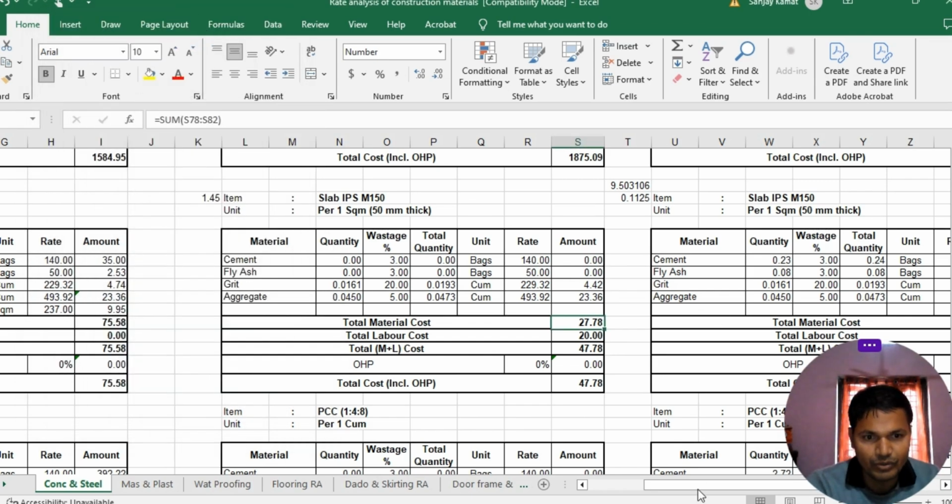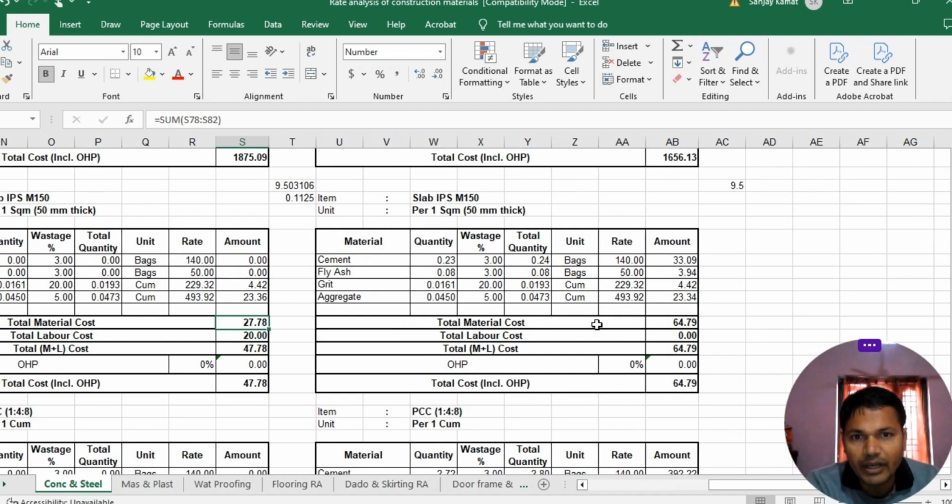Okay, so we have done this, and then next we are going to prepare another slab, and this will be the same. But sometimes we will increase or decrease. In slab 2 we have not taken the cement.